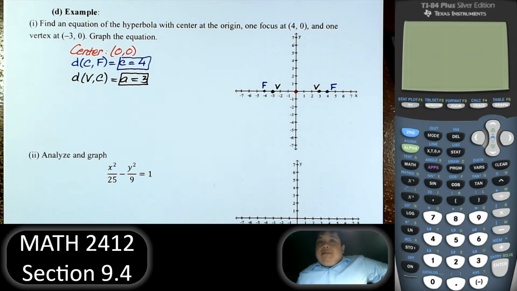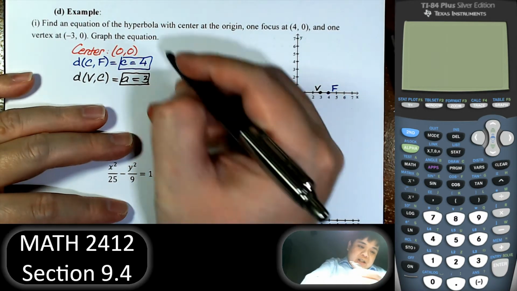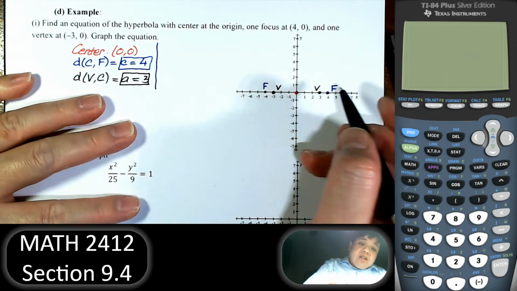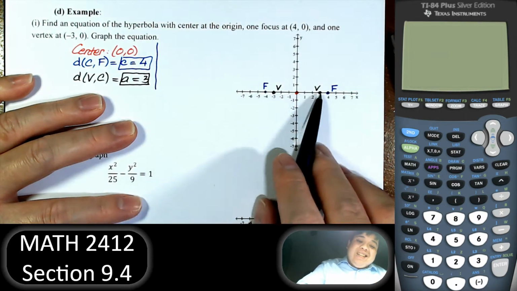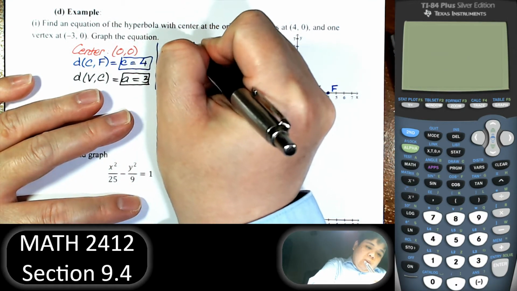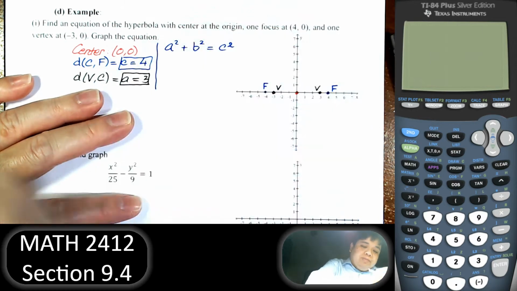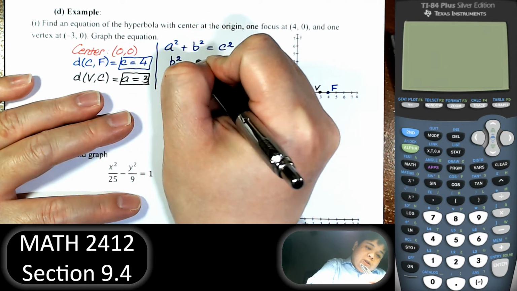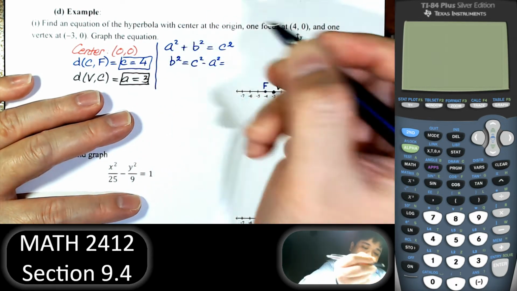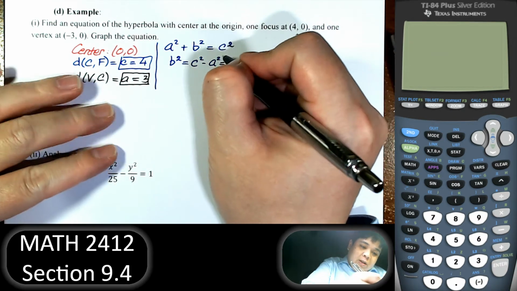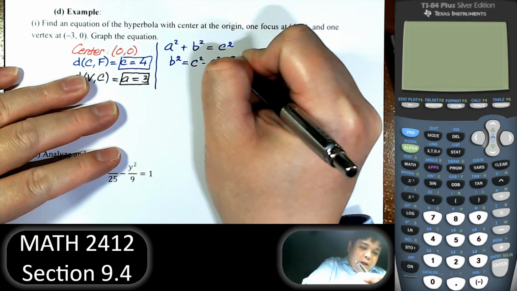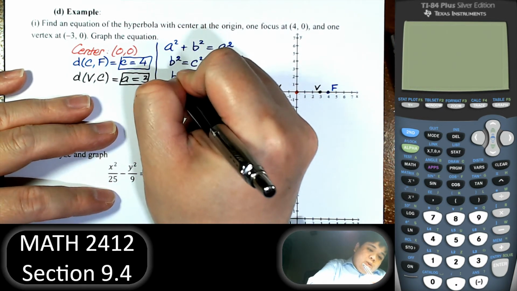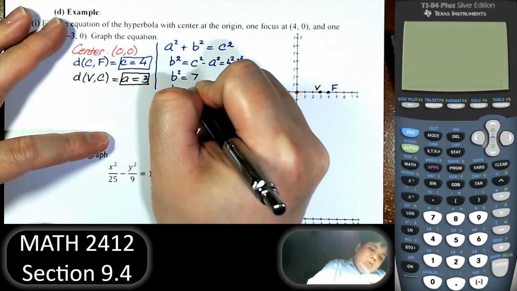So we have A, we have C. Now, the Pythagorean theorem: in this case, from center to the focus is the longest distance, so C is the biggest one. A squared plus B squared equals C squared. Then we can solve for B. B squared is equal to C squared minus A squared, 4 squared minus 3 squared. 4 squared is 16, minus 9 is 7. So B squared is equal to 7, or B equals the square root of 7.